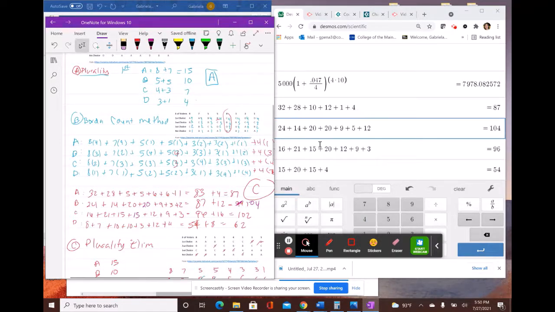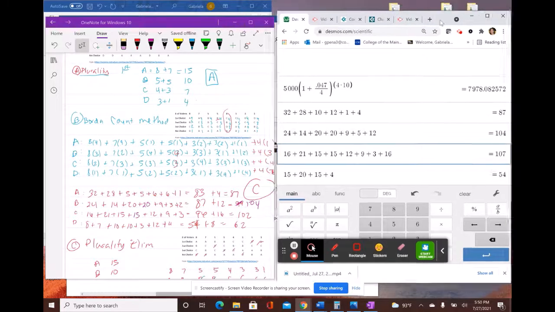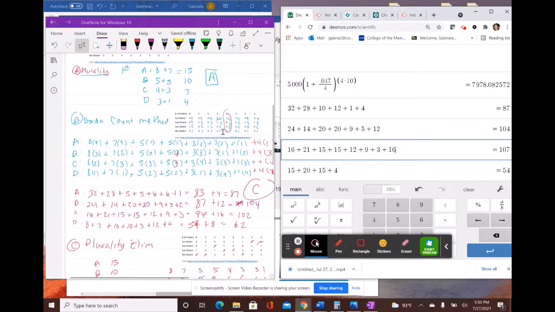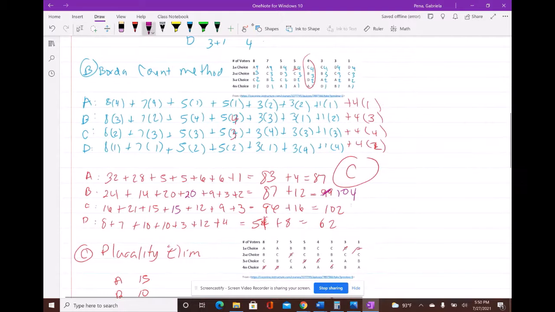And then I have 16, 21. This 20 was supposed to be a 15. But then I'm supposed to add that 4, which is a 16. 1 second. So looking at the C's, and we can make this bigger, just double checking. And 8 times 2, 7 times 3, 5 times, you see, this is supposed to be a 2.